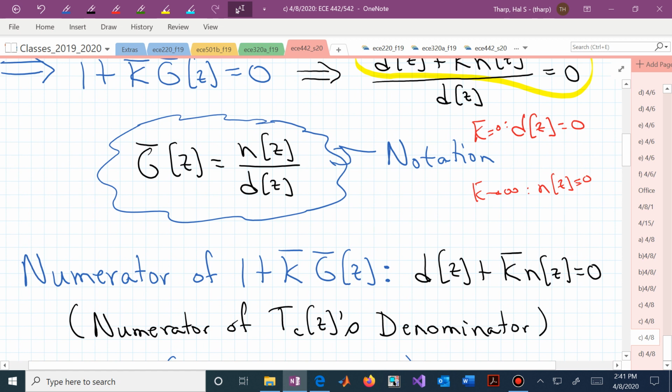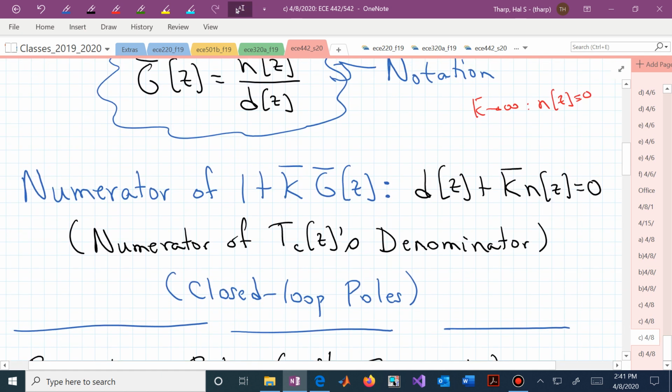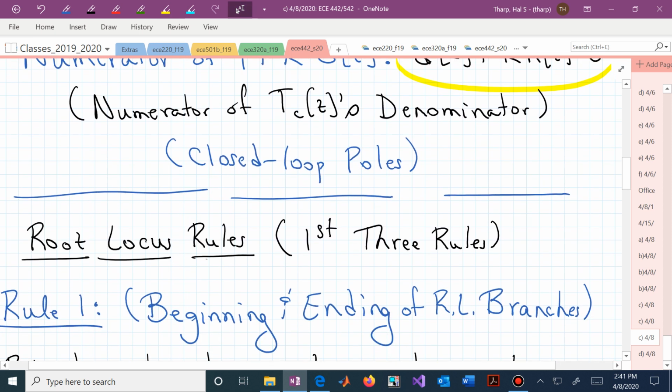The numerator of 1 plus k bar g bar is d plus k bar n, and that's the numerator of T sub c of z's denominator. That's our closed loop poles, and that's where these root locus rules originate from: the condition d plus k bar n is equal to 0.